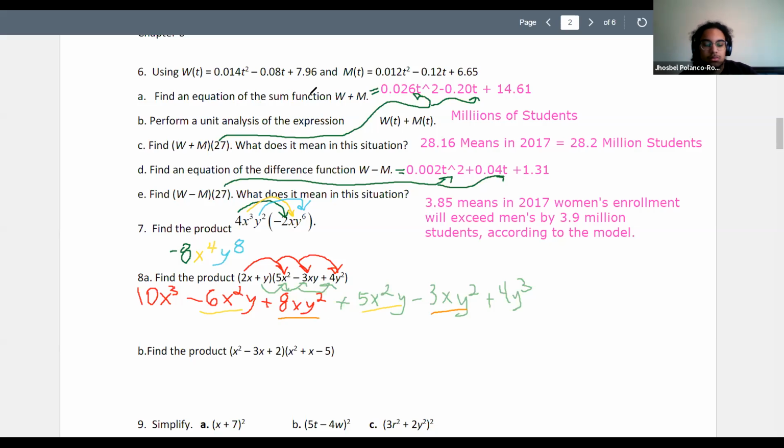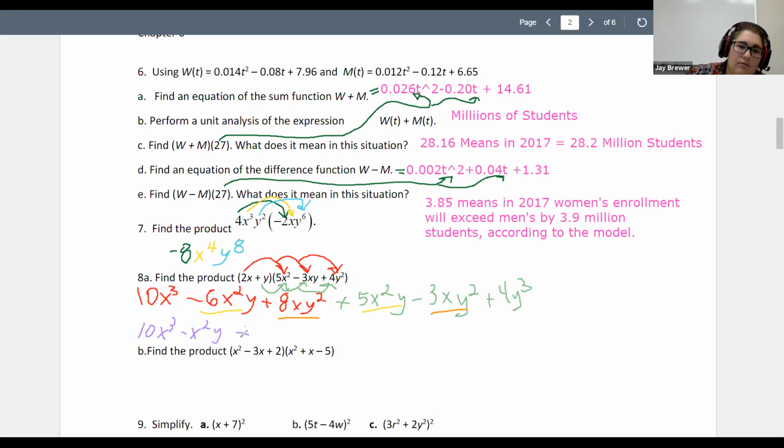Okay. All right. So we're going to keep 10x cubed. Negative 6x squared y plus 5x squared y is just going to leave us with negative x squared y. And then we have 8xy squared minus 3xy squared.